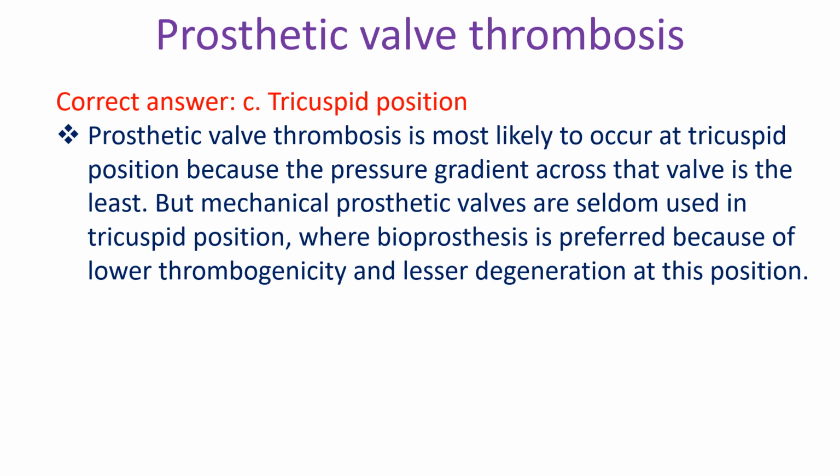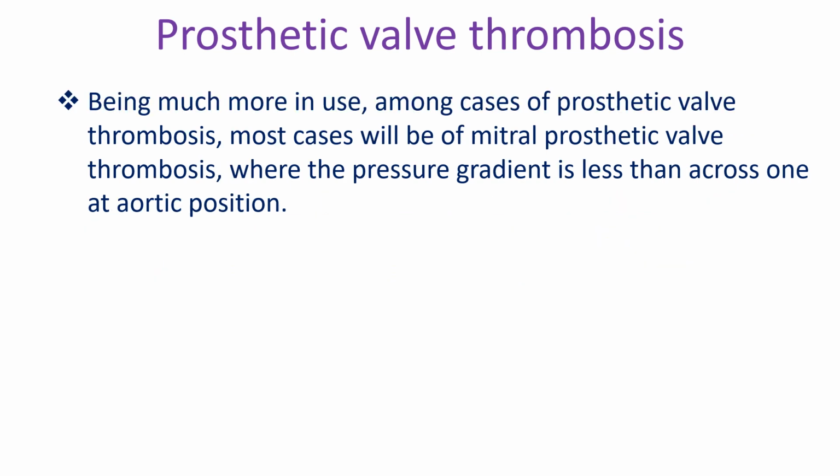But mechanical prosthetic valves are seldom used in tricuspid position, where bioprosthesis is preferred because of lower thrombogenicity and lesser degeneration at this position. Being much more in use, among cases of prosthetic valve thrombosis, most cases will be of mitral prosthetic valve thrombosis, where the pressure gradient is less than across one at aortic position.